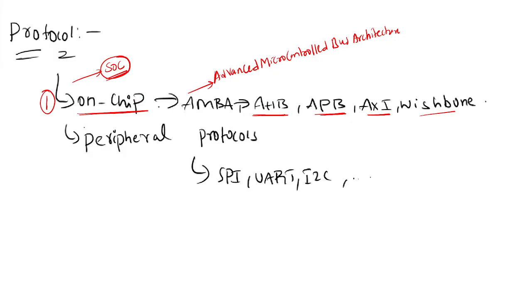Next you have off-chip protocols, meaning communication between two different ICs. Last class we saw I2C, with a master and slave: single master multiple slave, and multiple master multiple slave.